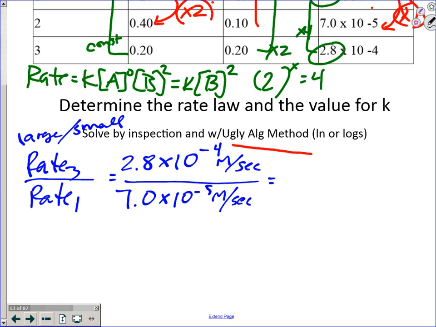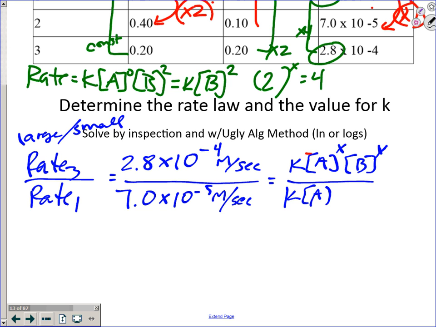So here's the rate. It's equivalent to K multiplied by a concentration of A to some unknown power, and B to some unknown power. So I put X and Y there, over K, A to some unknown power, times B to some unknown power.